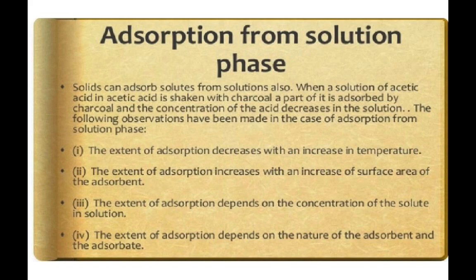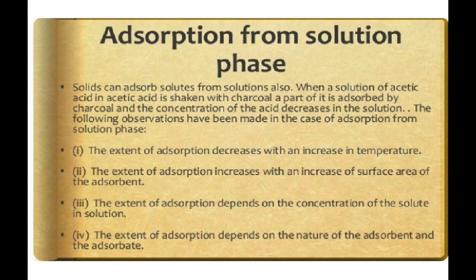So if you take a solution of acetic acid, then take some charcoal and shake it well, the acid is adsorbed by the charcoal and the concentration of the acid in the solution will decrease. So what happens in adsorption from a solution phase is, first, the extent of adsorption is seen to decrease when the temperature increases.